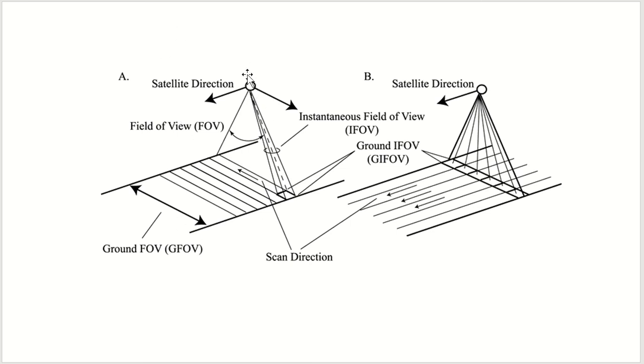It required a relatively simple array measuring the energy, and the mirror constrained the precise location from which the energy was coming, and would move back and forth very quickly as the satellite moved, so that each pixel or location, the instantaneous field of view, would change.